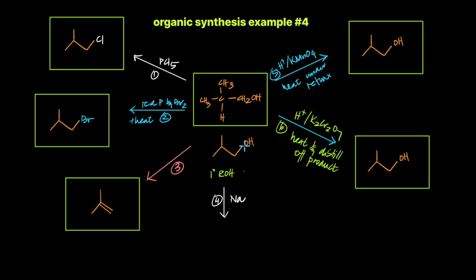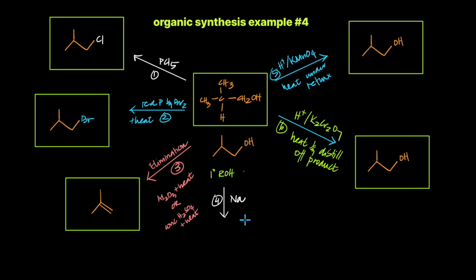Now in reaction number 3, you remove the OH and make a double bond. That's an elimination reaction. And how do I carry out elimination of water in an alcohol? Either you can take Al2O3 and heat, or you can take concentrated sulfuric acid and heat.